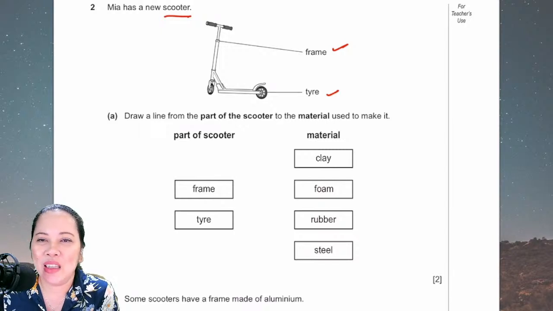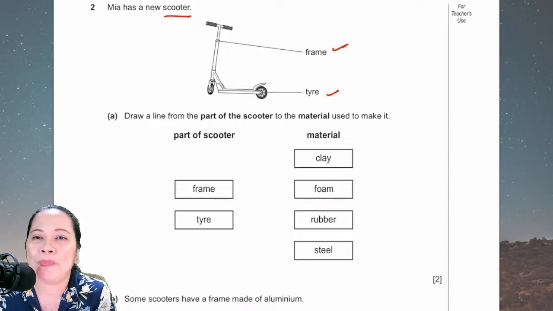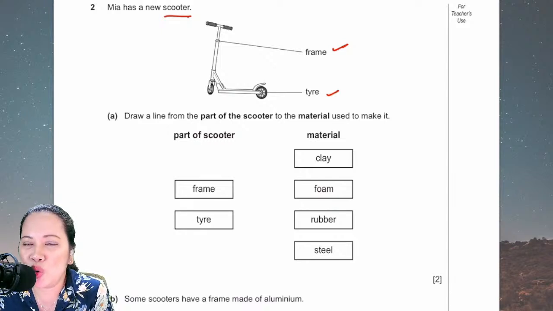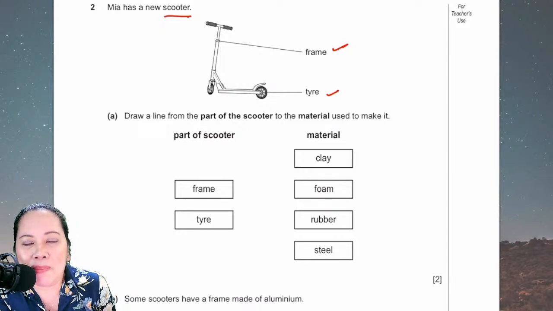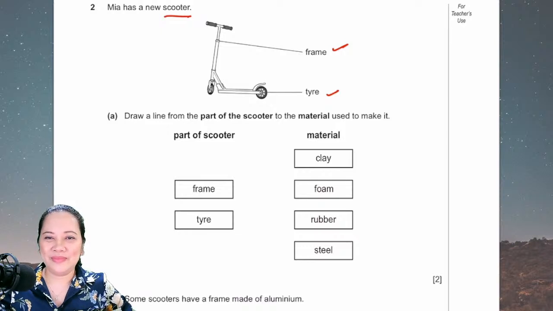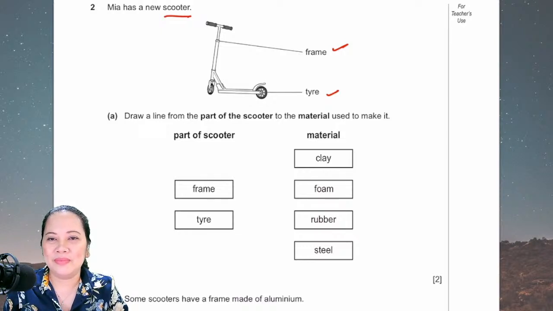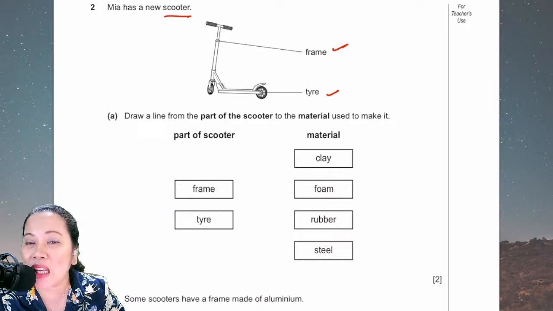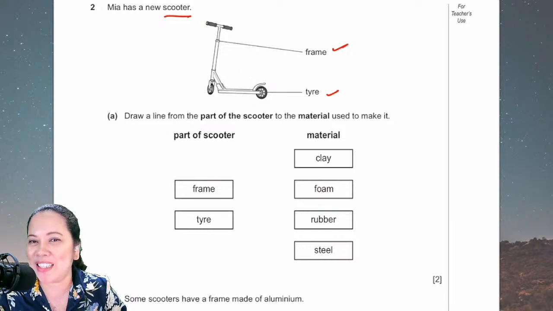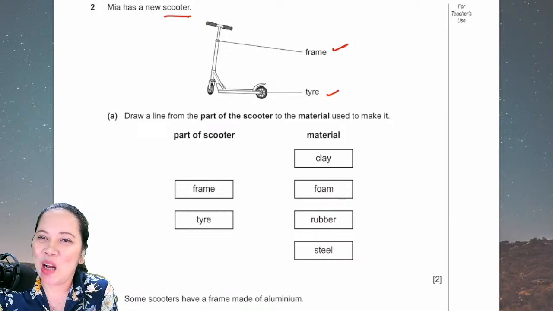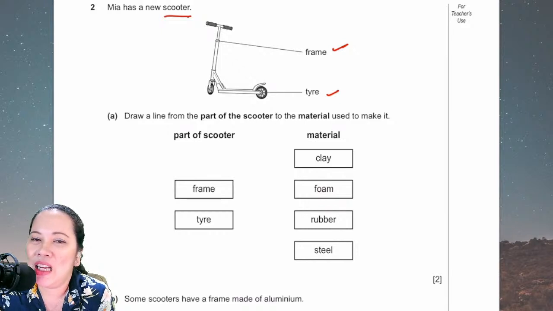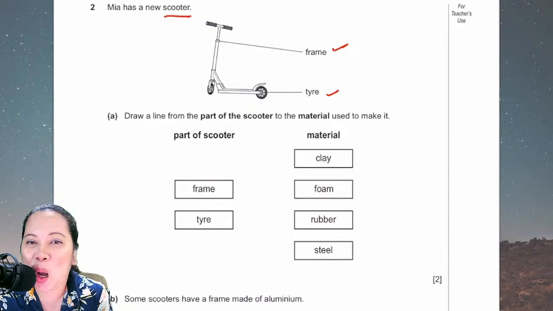Let's go. What do you think is the material used to make the frame? In three, two, one, type your answer. What do you think is the material that will make up your frame? You just need to use one brain cell to answer this. Common sense.